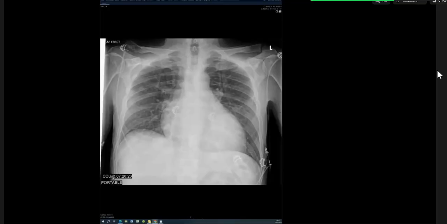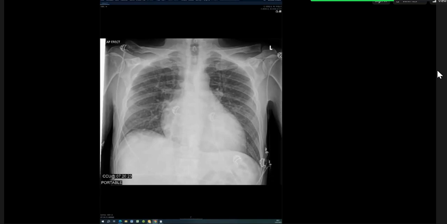There are bilateral reticular opacities or interstitial opacities, and I can appreciate curly B lines, most pronounced in the right mid-zone. I think there is also a degree of upper lobe diversion. There are no pleural effusions. There are features here in keeping with pulmonary edema, but I would like to see if there's any other abnormality.